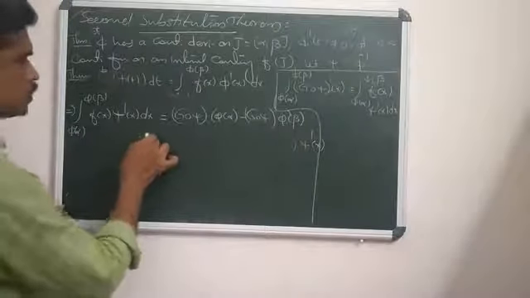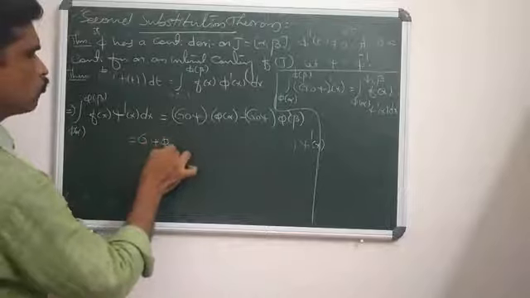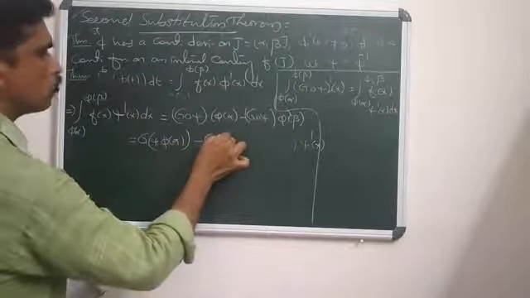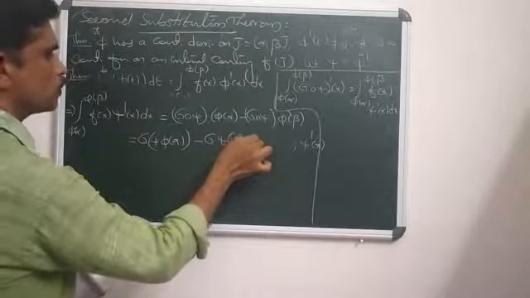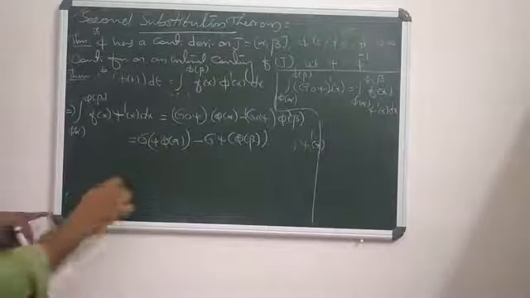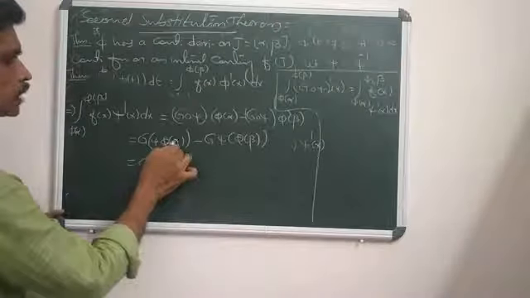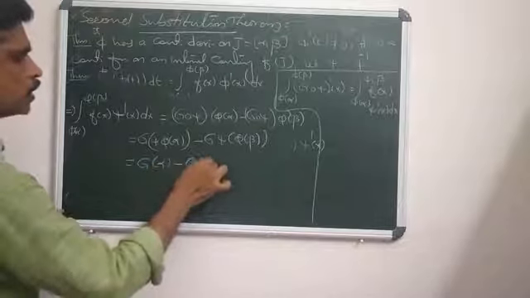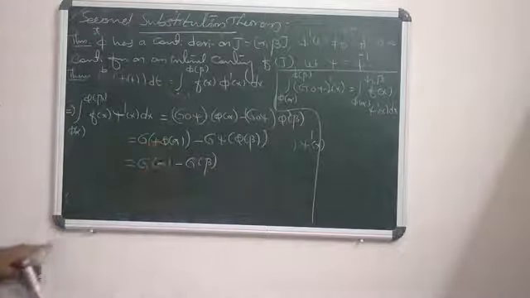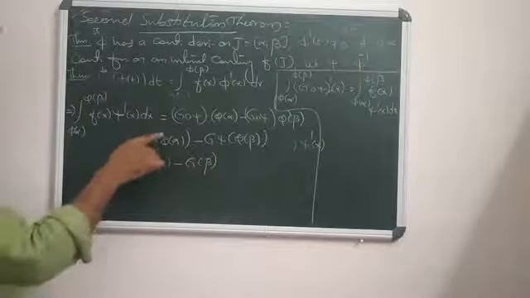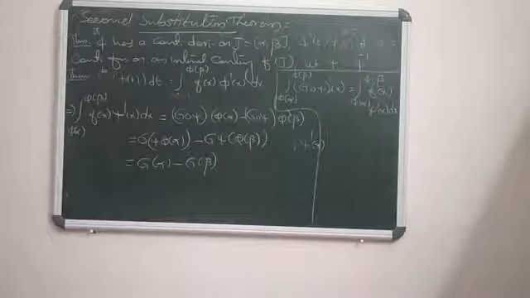That equals G of psi of phi of alpha minus G of psi of beta. Okay, so that is nothing but G alpha minus G beta because psi equals phi inverse. So psi of phi alpha is alpha itself, identity function. Psi of phi beta is beta itself.